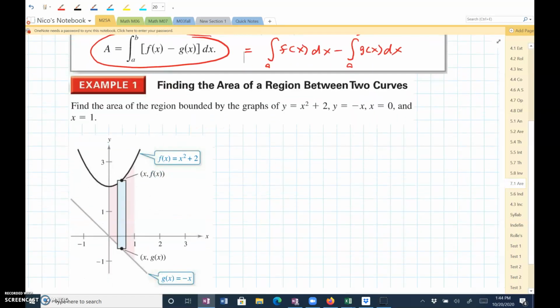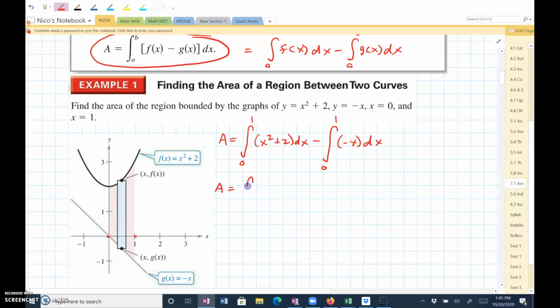All right, so let's look at our first example. We're going to try to find the area between these two curves. So area equals the integral from 0 to 1 of f of x, which is x squared plus 2 dx, minus the integral from 0 to 1 of g of x, which is negative x dx.